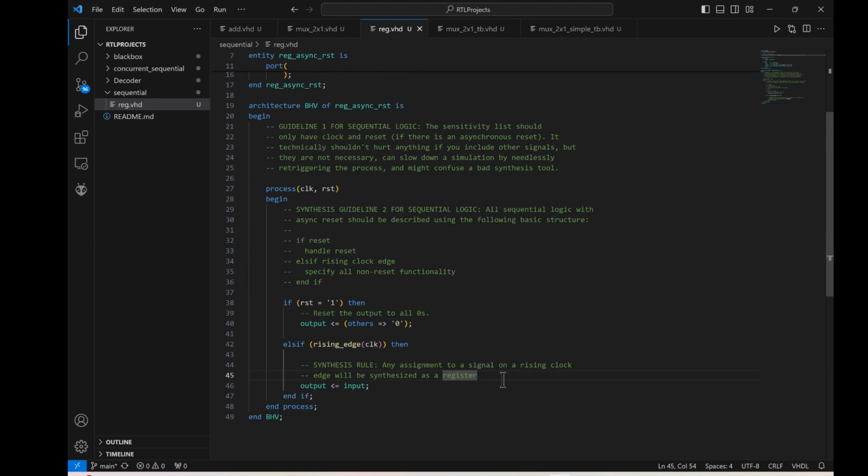Some other questions that I've been asked before were things like using an asynchronous reset or a synchronous reset. Unless asked otherwise for a lab document, I recommend following this structure. The differences between an asynchronous and a synchronous reset go beyond the scope of this class, but basically, asynchronous resets are more commonly used because they take fewer resources and the circuit synthesized and routed onto the FPGA is going to be smaller.